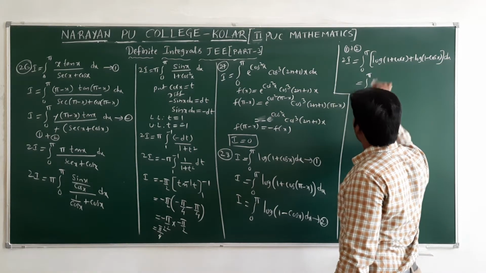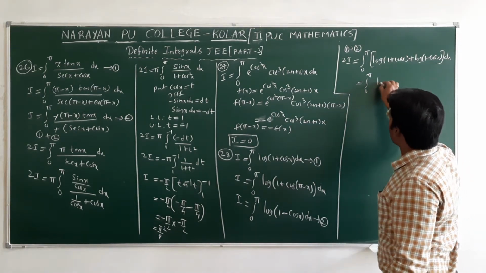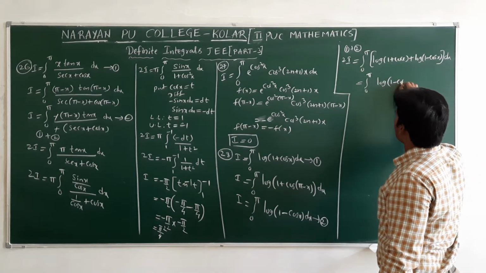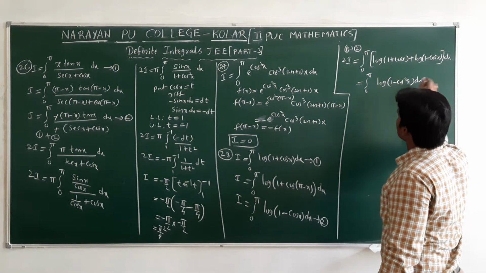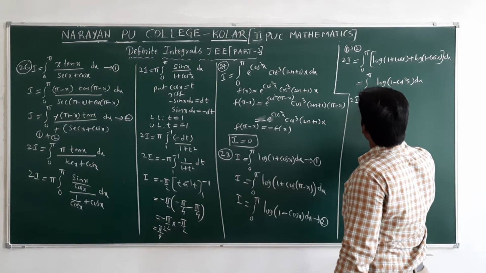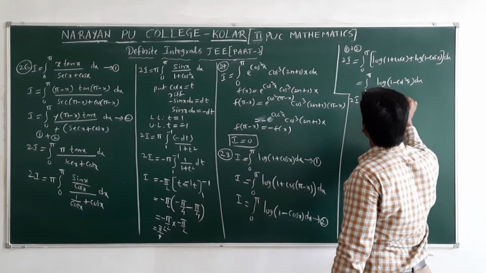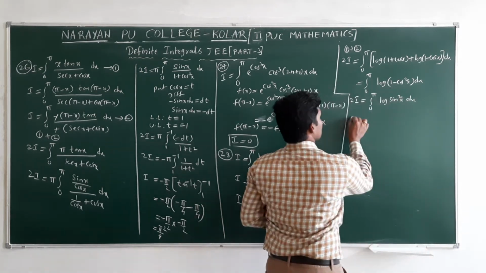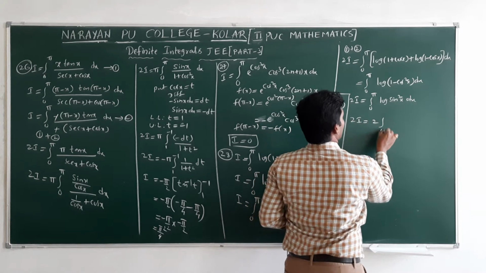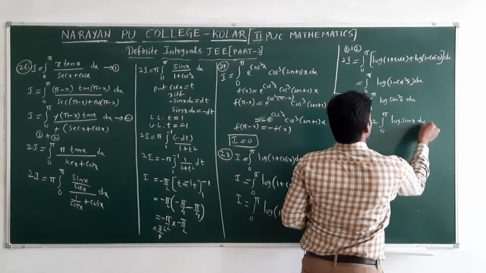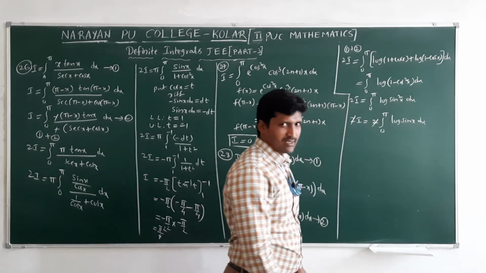Now log a plus log b is log of a into b. 1 plus cos x into 1 minus cos x, that is 1 minus cos square x dx. Here 2I equals integral 0 to pi log of 1 minus cos square x, which is sin square x, dx. Now this power will come in front, that is 2I equals 2 into integral 0 to pi log of sin x dx. Now the 2 cancels.